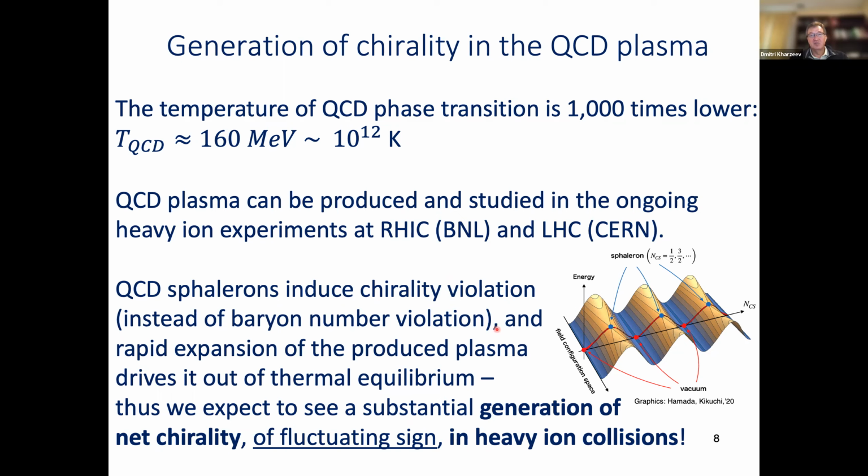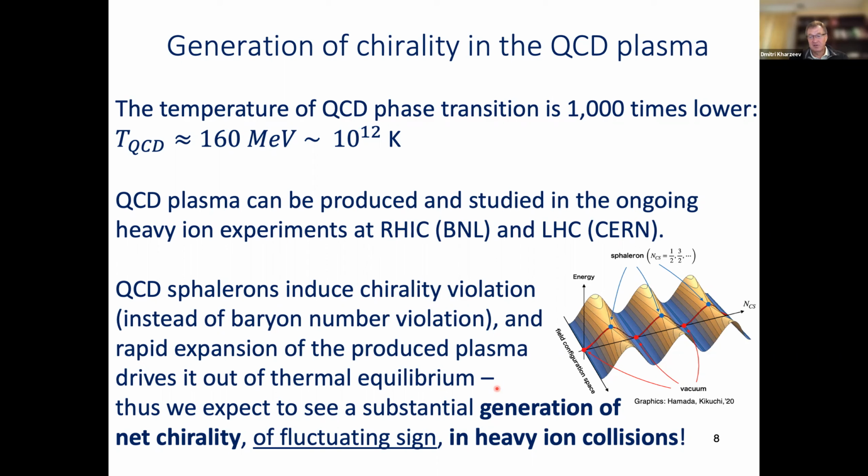The plasma produced in heavy ion collisions rapidly expands, which drives it out of thermal equilibrium. So again, at some point, the rate of expansion becomes equal to the Sphaleron rate, and therefore we expect to see a substantial generation of net chirality of fluctuating sign in heavy ion collisions. In the Big Bang, it was just a single event, and we live through this event. But in heavy ion collisions, we can do it billions of times and study what happens statistically in these little bangs.